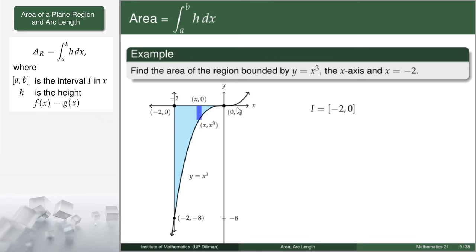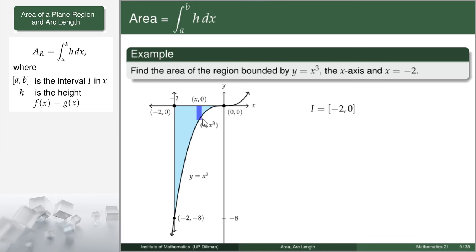Obviously, the bounding curve above is the x-axis. But I cannot put the x-axis as f. So I will look at the equation form of the x-axis, and that is just y equal to 0. Since y is 0, then f will be 0.